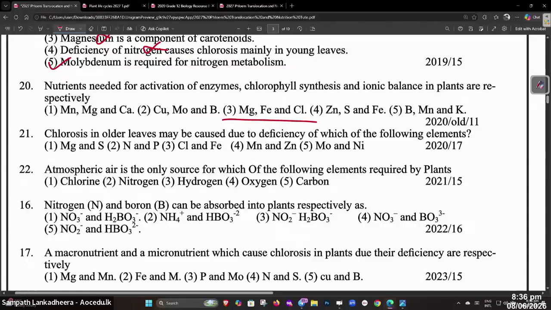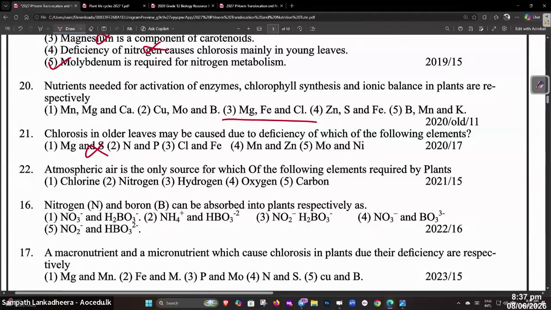Old syllabus question. Question number 21. Chlorosis in older leaves may be caused due to deficiency of which of the following elements? Sulfur you can't take. Nitrogen and phosphorus. Calcium, chlorine and iron.